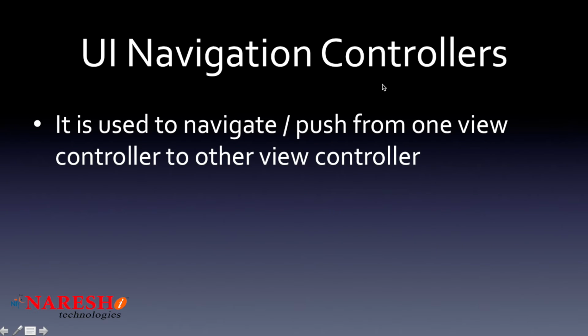Another control is the navigation controller, which is basically used to navigate from one screen to another. When you want to move from one screen to another, or push a number of views, we usually use navigation controls. The UI navigation controls are also applicable in the design file, where we can provide the connections and easily move from one screen to another.